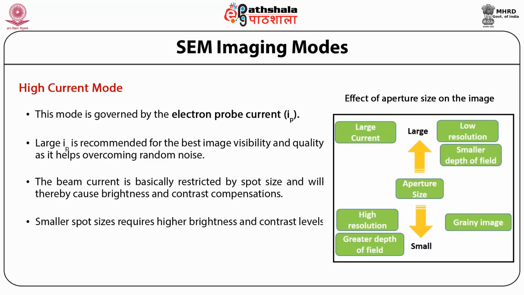Smaller spot size requires high brightness and contrast levels. Smaller spot size allows high resolution and a greater depth of field. Figure 8 below shows the effect of spot size on image quality.